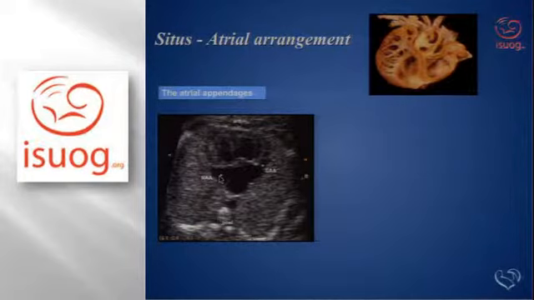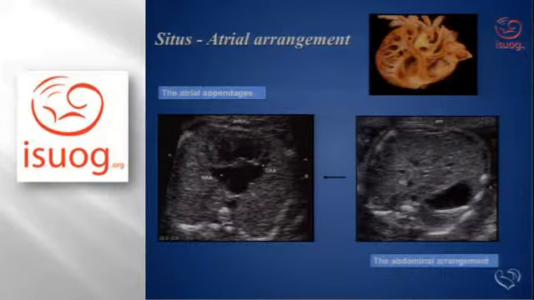And in this case here, having established that this is the right side and this is the left side of the baby, you can see a right atrial appendage and a left atrial appendage, rather narrow. But on a day-to-day basis, and it's much more simple to do, one looks at the situs in the abdomen. So that's when we say take your AC, your abdominal circumference, check right and left of the baby, and make sure that the position of the stomach, liver, the aorta, and the inferior vena cava are as you expect.